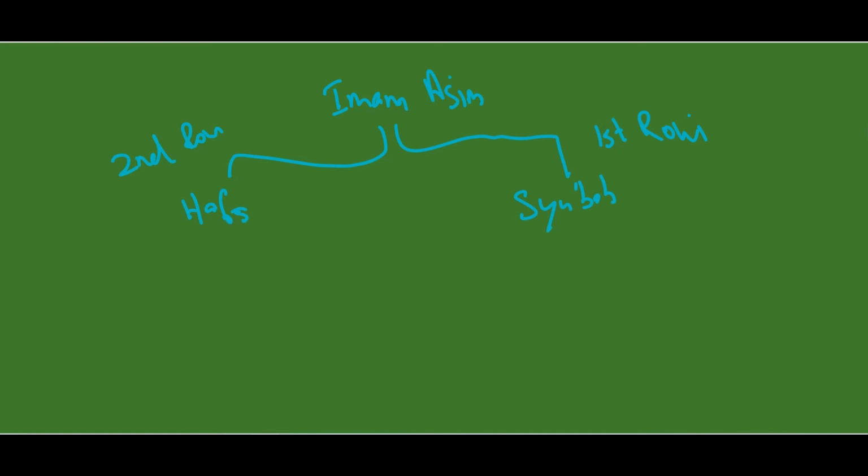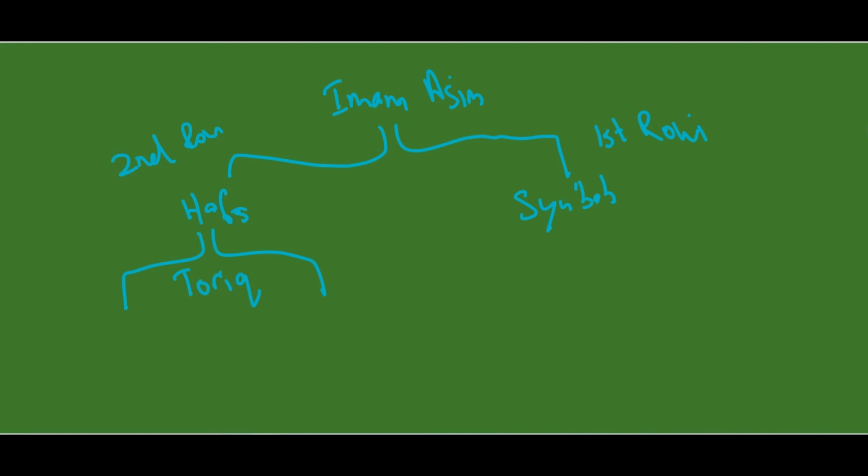So when we talk about how to learn from Imam Hafs, the path of Imam Hafs, every great scholar, they have two paths. We call it tariq. Tariq means path. The two great scholars, Hafs and Shu'bah, at minimum have two paths.